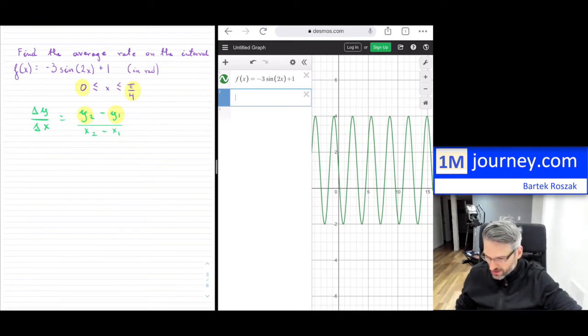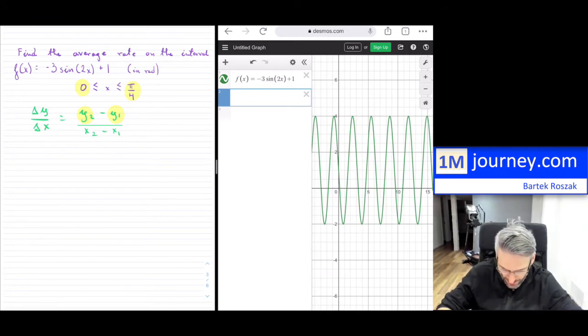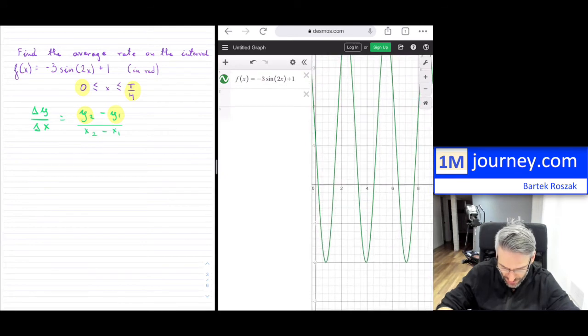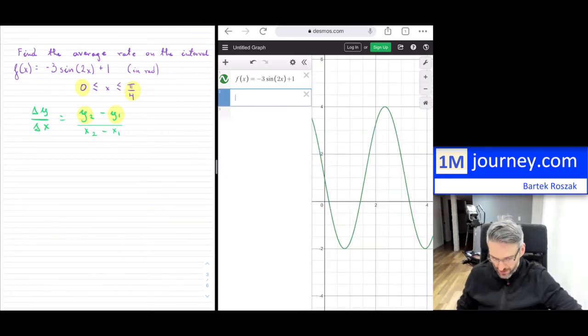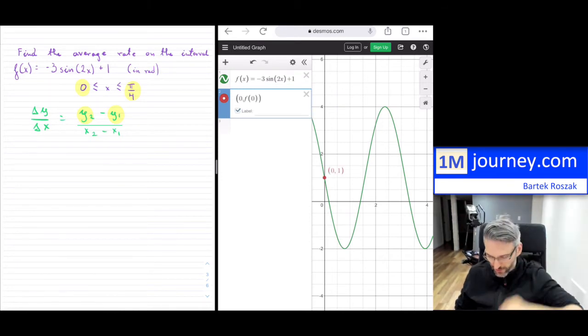So this is between 0 and pi/4. Okay, so let's kind of stretch this out in here, and let's put it in. So we want to plot the point 0, f at 0. All right, so we can plot that. We can label it. So that's our first point.